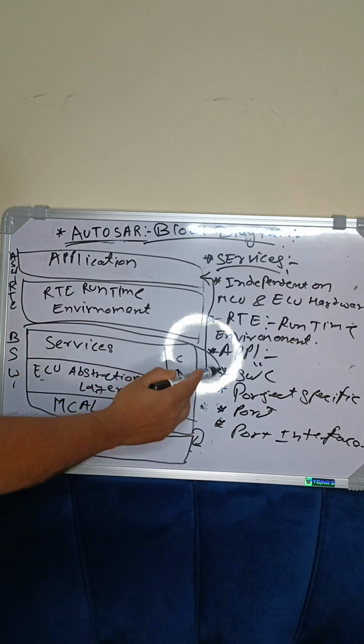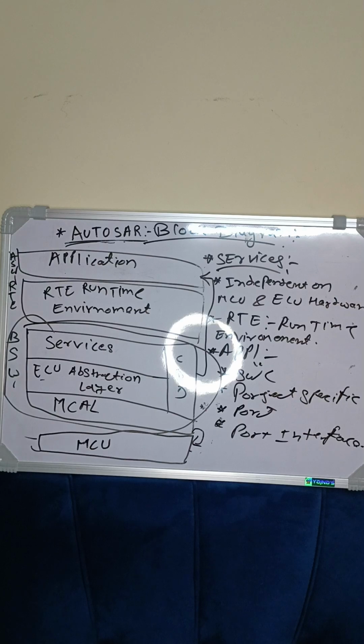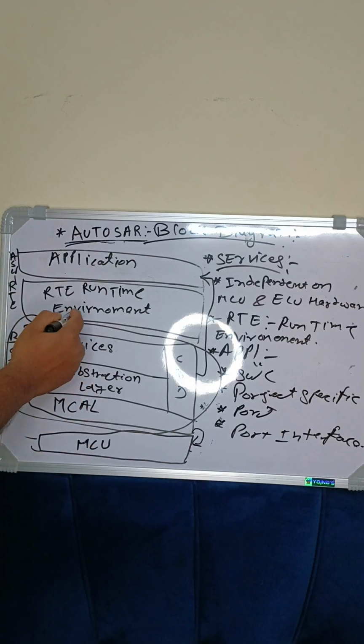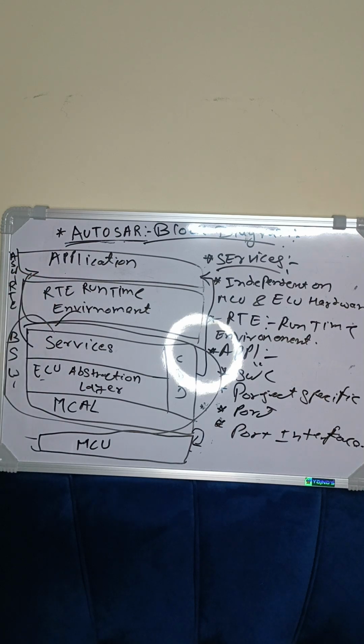These four come under the BSW only. Next, the RTE is the interface between the BSW and the application. The application is one type of software component where we configure port interfaces and so on. Basically it is project specific.